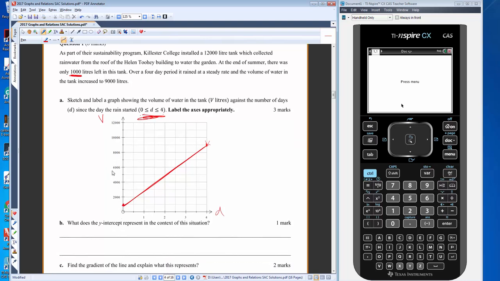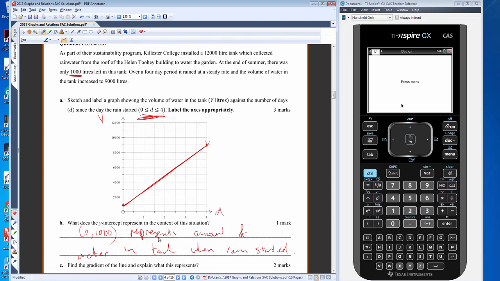Now, what does the Y-intercept represent in the context of this situation? Well, this is (0, 1000), that's the Y-intercept. You need to say something about at the beginning or the initial. So it represents the amount of water in the tank when rain started.